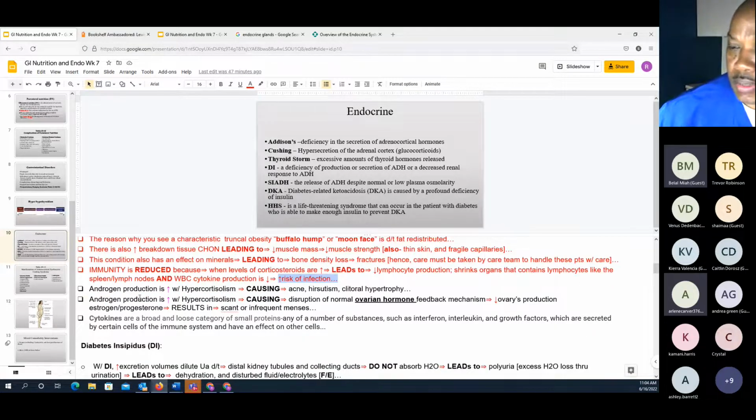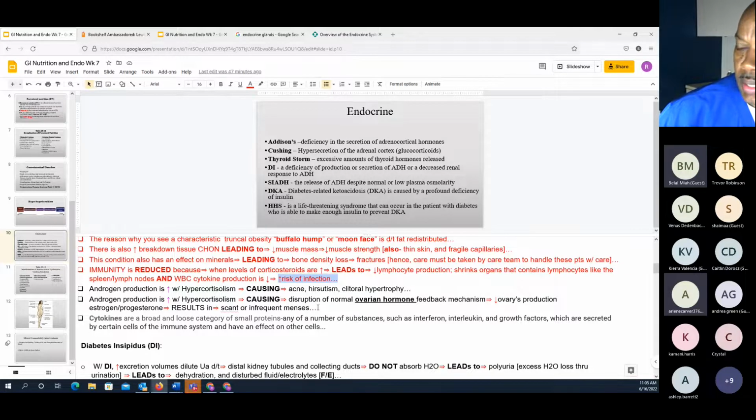The androgens, and so, for example, when there's this hypersecretion, you may see acne, hirsutism, or something like that. I can't pronounce that. Anyway, also clitoral hypertrophy as well in women. All right.